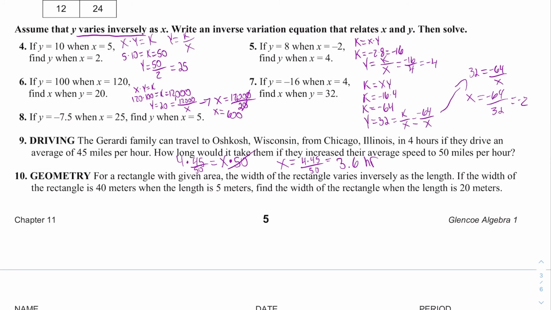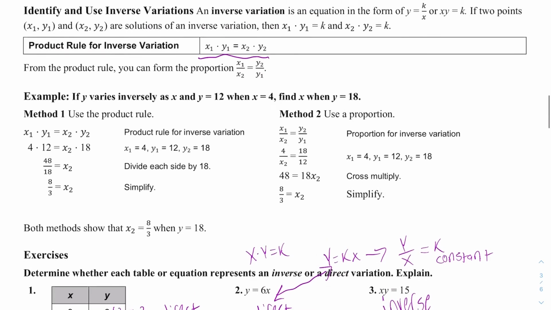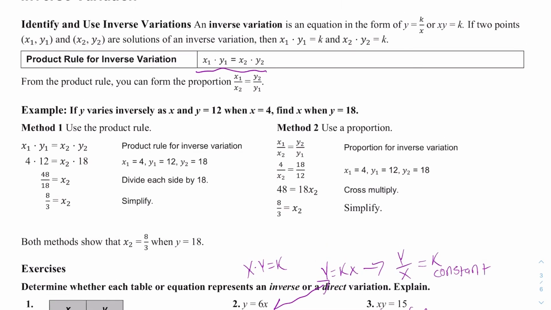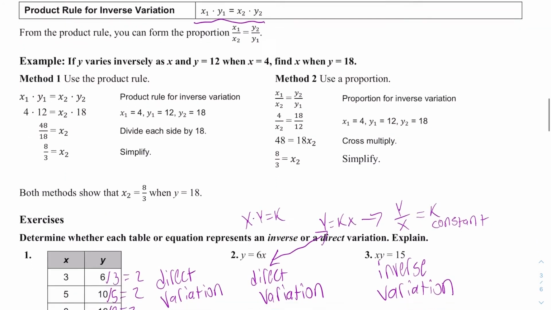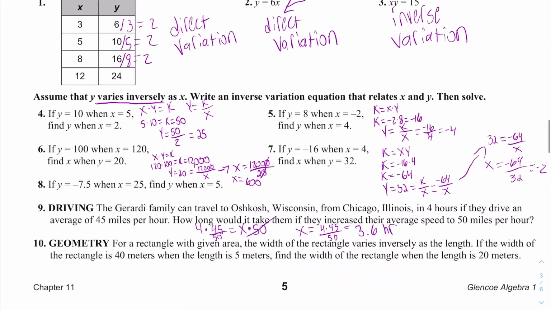Next example. For this rectangle, the width varies inversely with the length. So the width varies inversely with the length. To know which one's x and which one's y, let's come up here and let's try to find an example. Oh, it's right here.